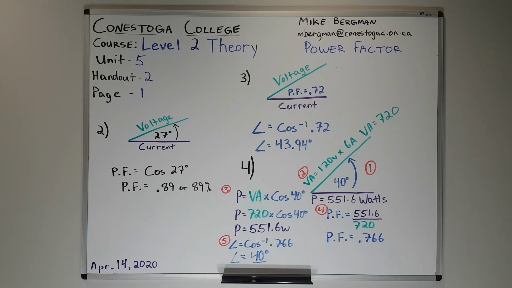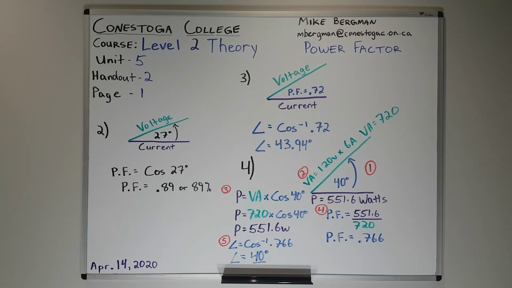So if you can see, I've got step 4 in red. I went to power factor because this question never gave us the power factor in a percent or a decimal. So I can go power factor equals 551.6 divided by 720. That gives me 0.766, which to me at this point doesn't mean anything. But I have to invert the decimal, like we did in question 3, to get it back to an angle.